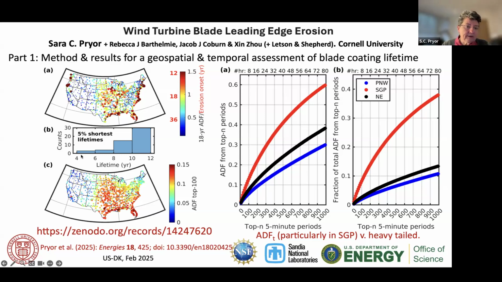The shortest coating lifetime, sorry, that we computed were about 4 years. And just to give you a sense, that's a reasonable order of magnitude. At least one of our major wind farm owner operators does inspections every 5 years. So this would be about the timescale when they might expect to start to see damage.